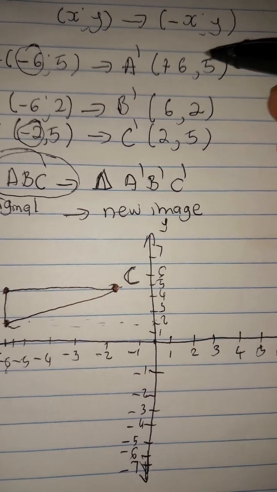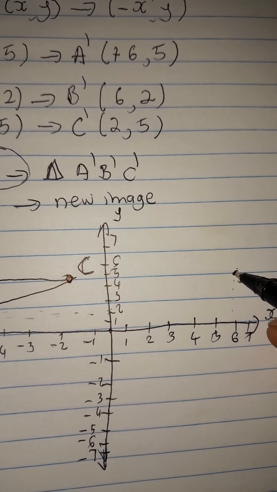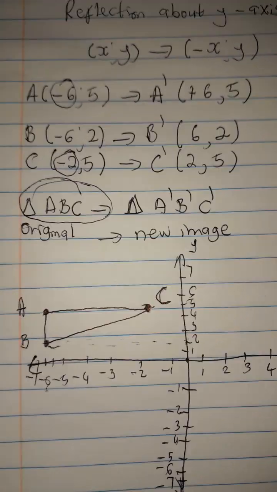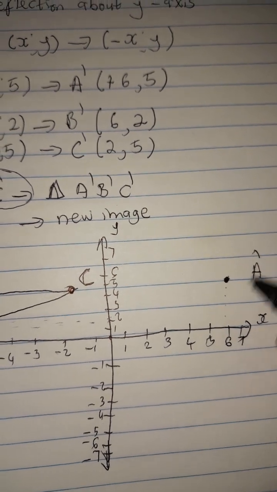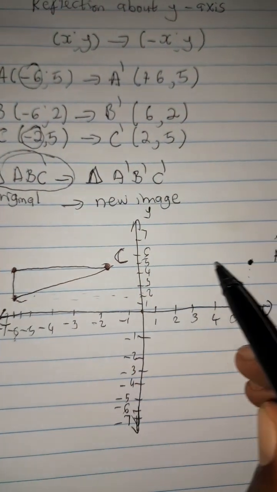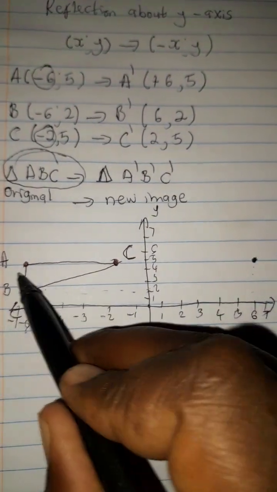Let's see its reflection. A's reflection will be positive 6 and 5, so that's A prime. Can you see, guys, they're at the same distance? If you use a ruler, you can see that they're at the same distance.